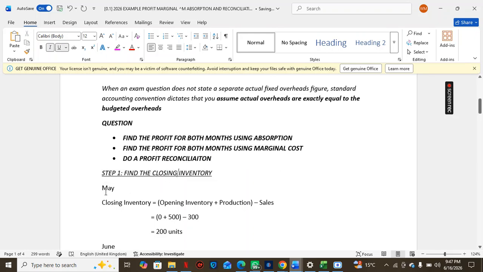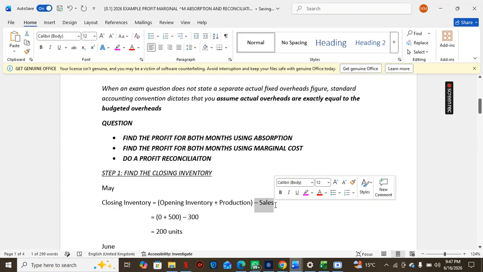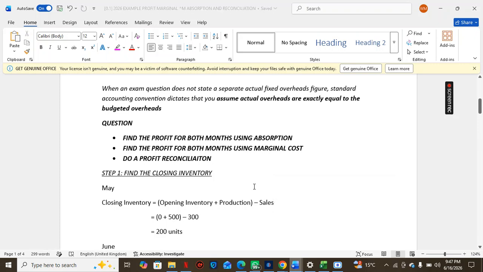We're focusing on the month of May. Closing inventory, remember, is your opening inventory plus how many units you produce, minus how many units sold. They told us there's no opening inventory in May.